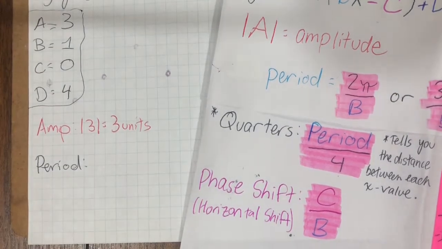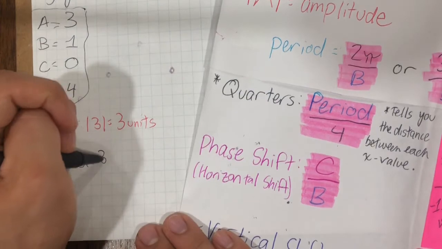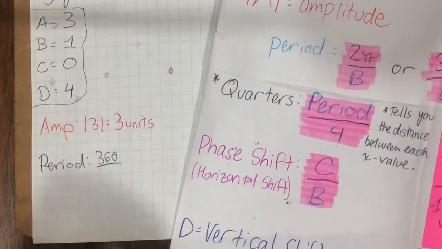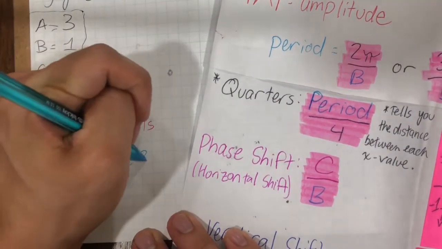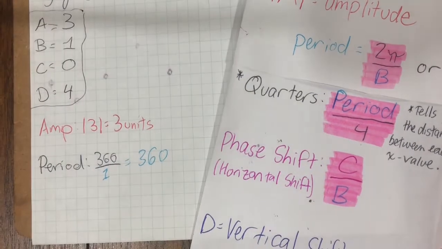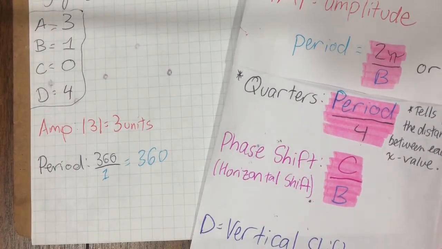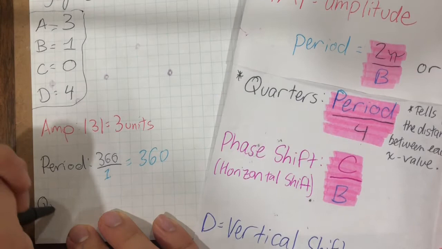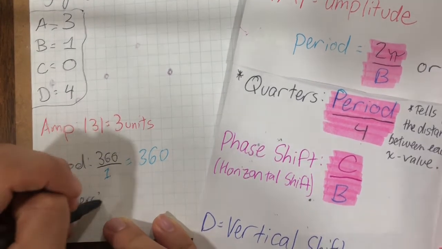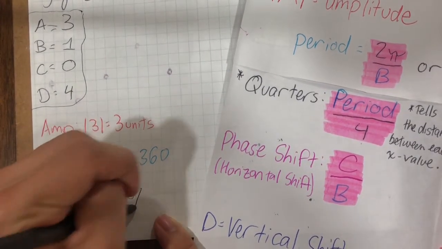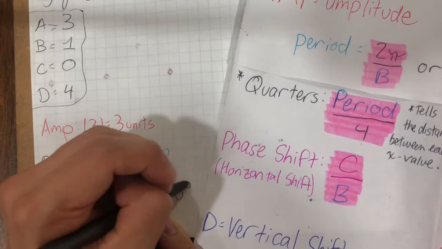So I take 360 and divide it by 1. I still get 360. Then for the quarters, I take 360 divided by 4, and I get 90 degrees.